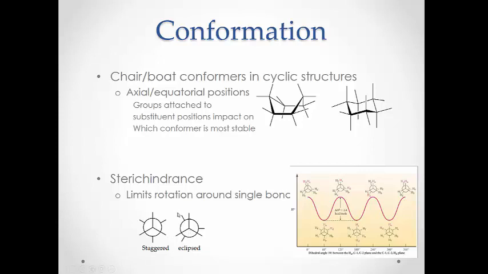So when we have this eclipsed conformation, we have more steric hindrance. We've got hindrance when those 2 steric bulk groups come into contact, and it requires more energy to keep it in this eclipsed state.